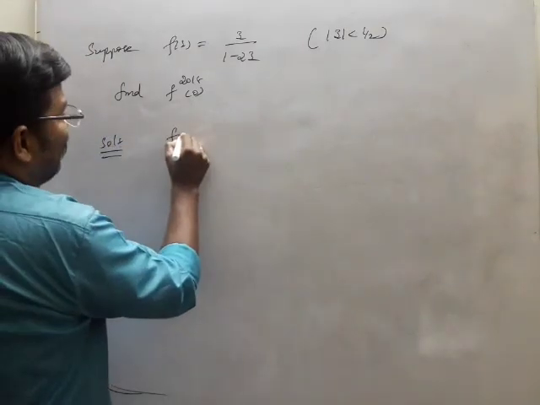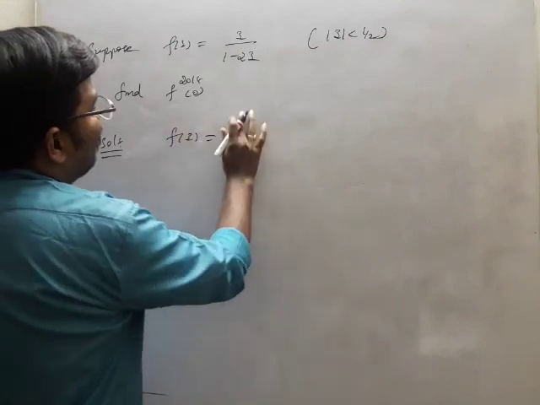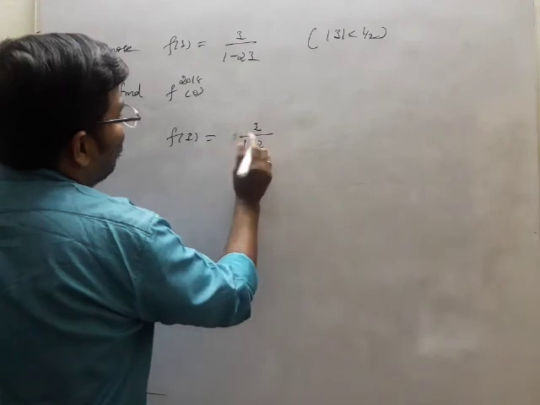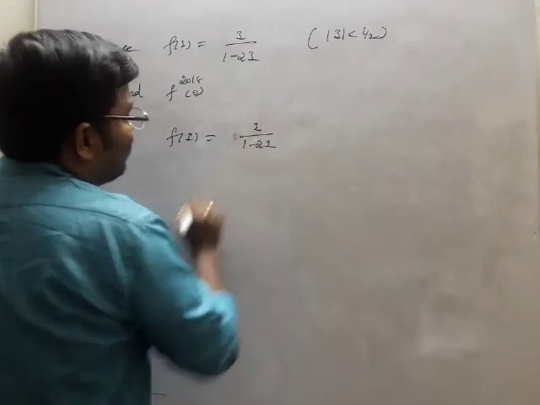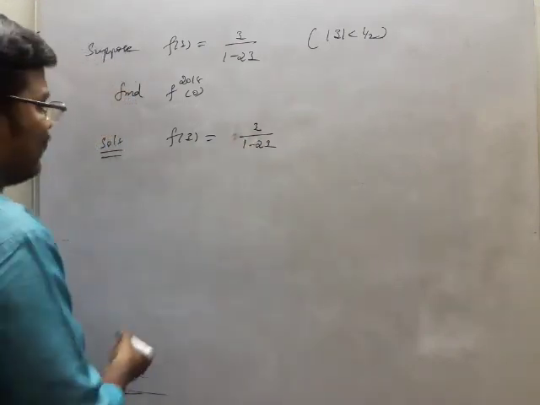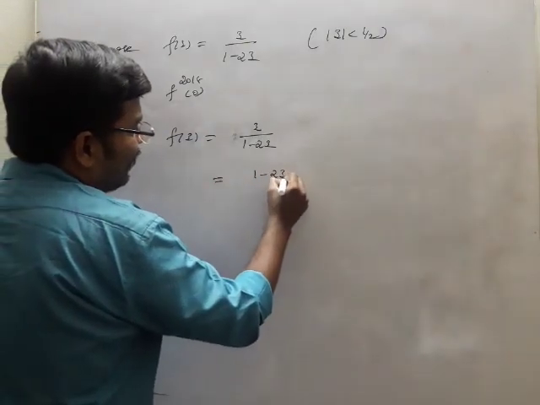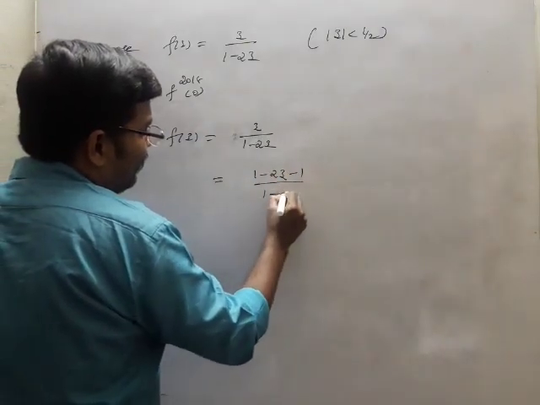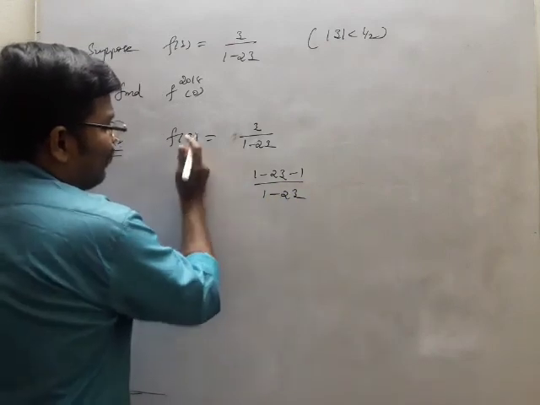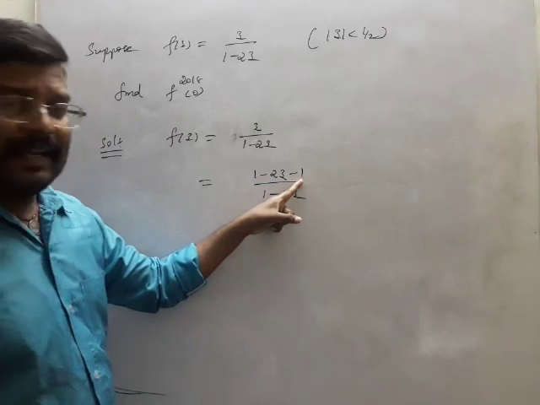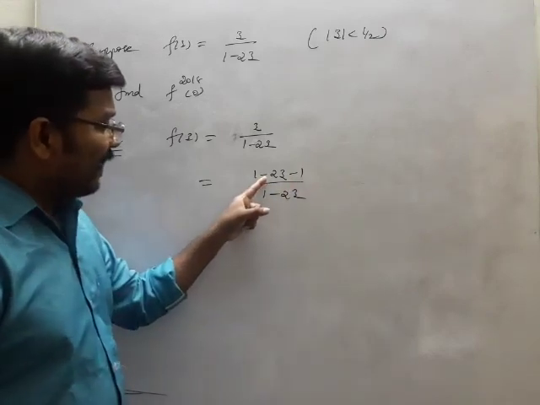What is given here? f of z is equal to z by 1 minus 2z. Now we will change this in the following form. I will write 1 minus 2z minus 1 by 1 minus 2z. The plus 1 and minus 1 get cancelled, and minus 2z is there.